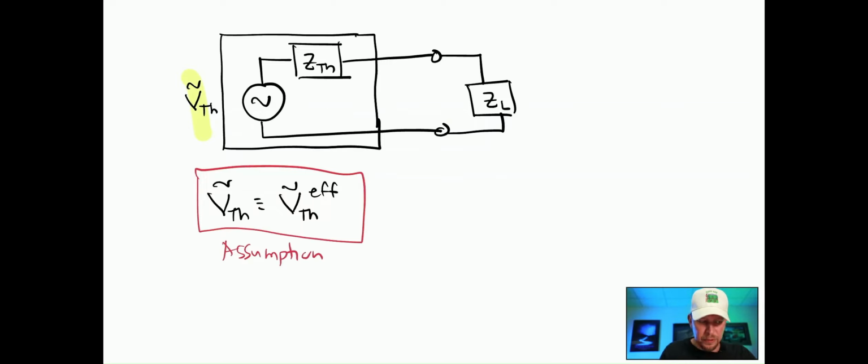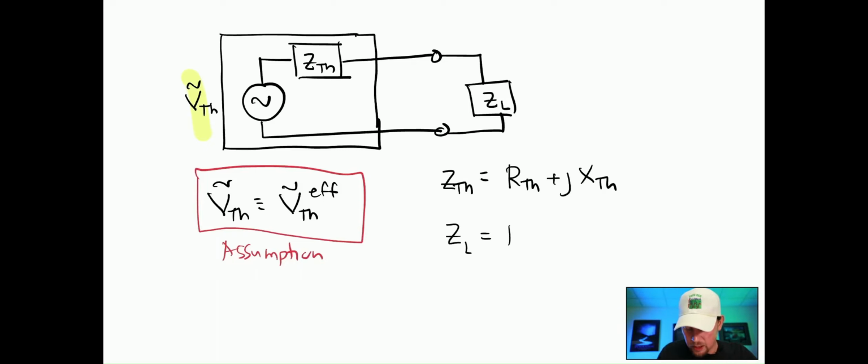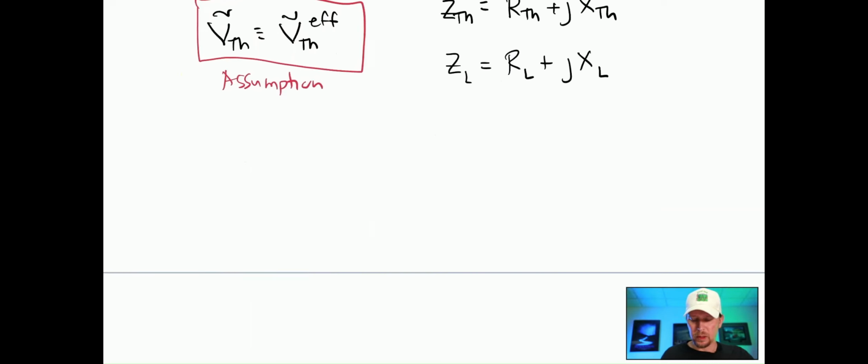We can also say, without loss of generality, that the Thevenin impedance can be rewritten as the Thevenin resistance plus j, the Thevenin reactance. Right? It's two parts in general. Similarly, the load impedance can be rewritten as the load resistance plus j, the load reactance. Right?